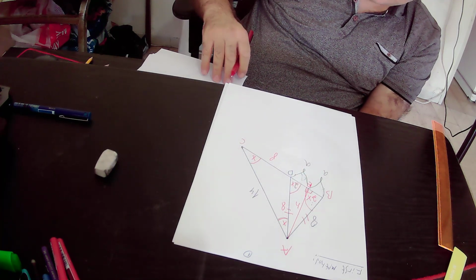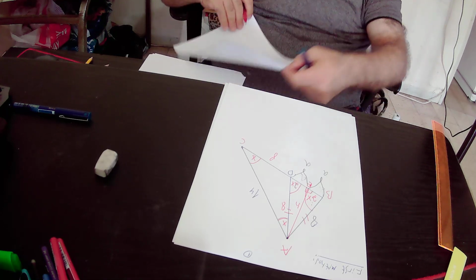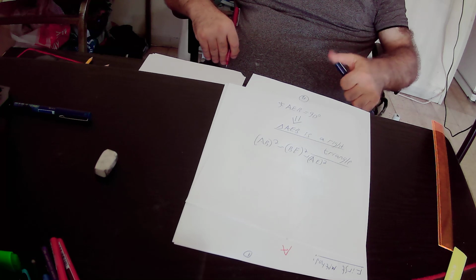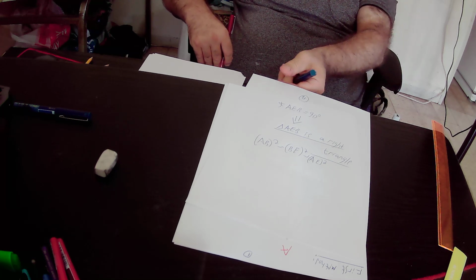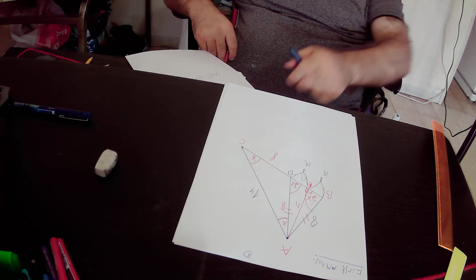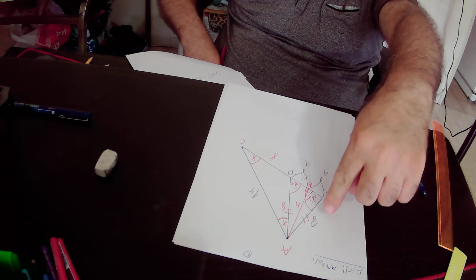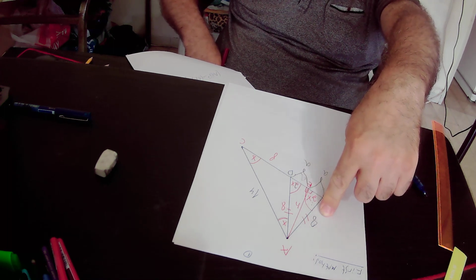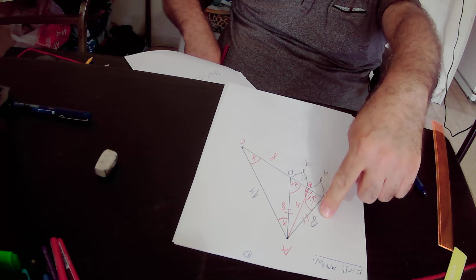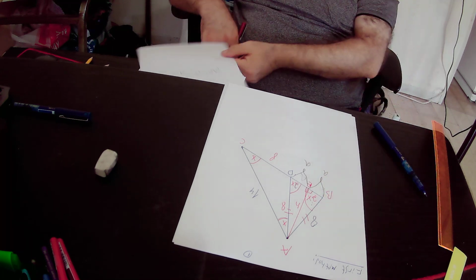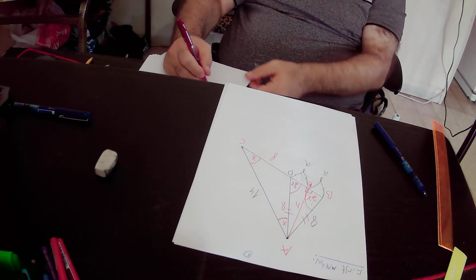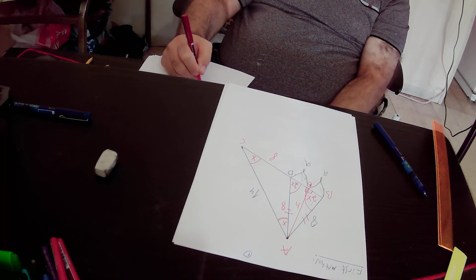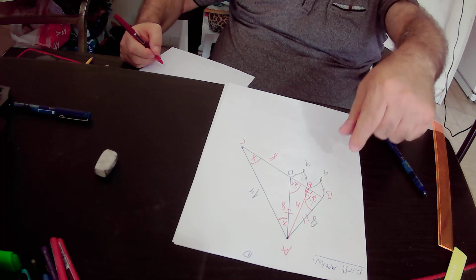So actually, according to the Pythagoras theorem, AB square equals EB square plus AE square. But we know that AB equals 8 units. Therefore, AB square is 8 square, and 8 square is 64, equals BE square.